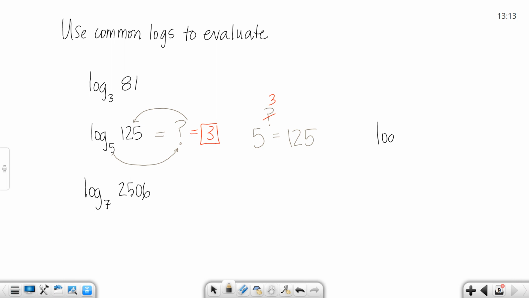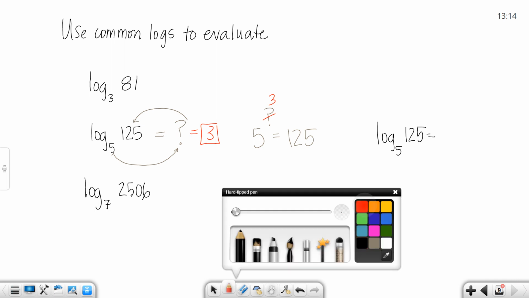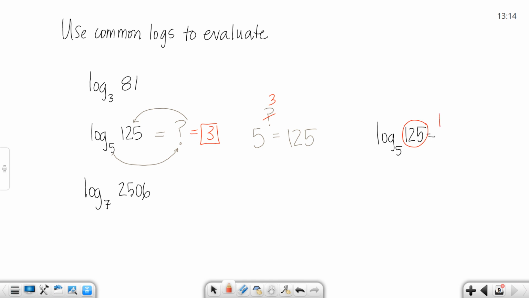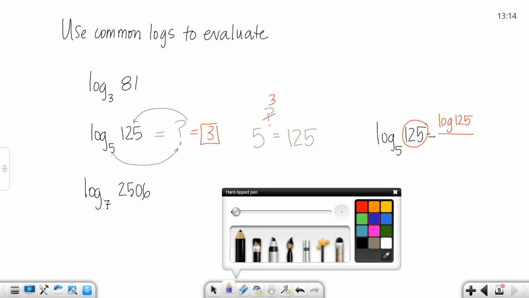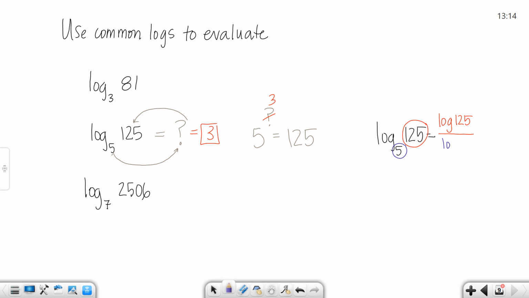So let me show you how to use your calculator. What you're going to do is, the rule says, take the log of the big number and divide by the log of the little number.